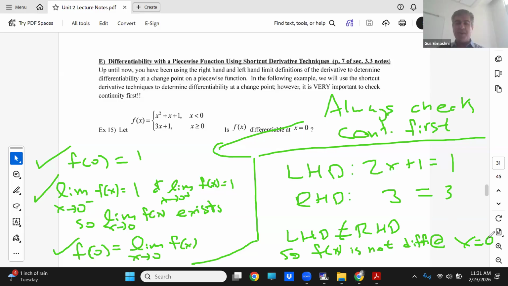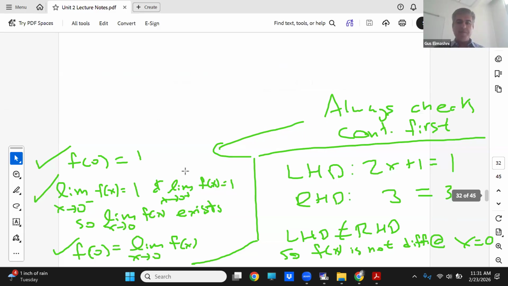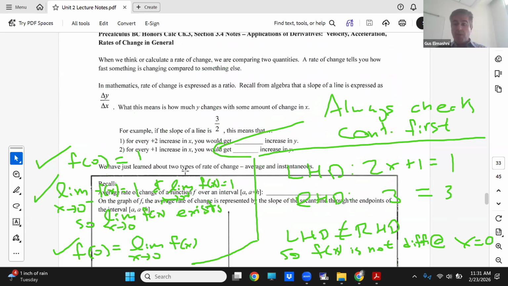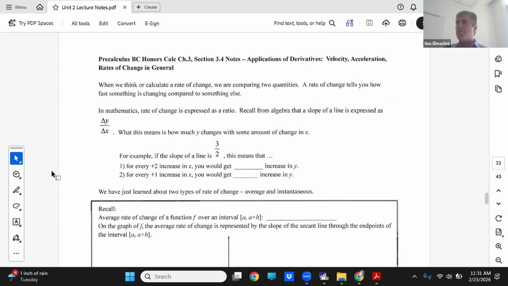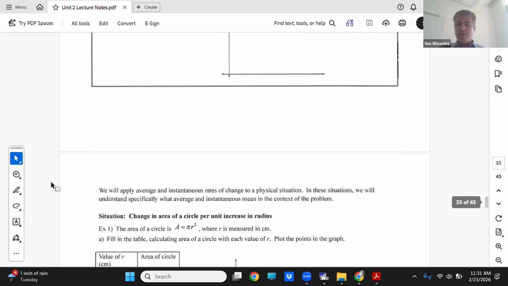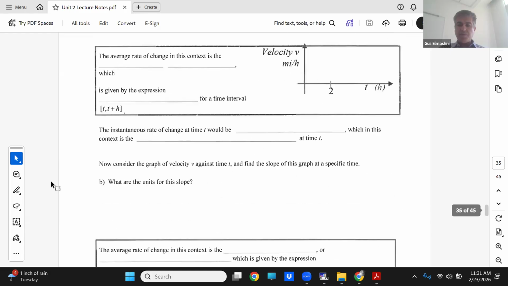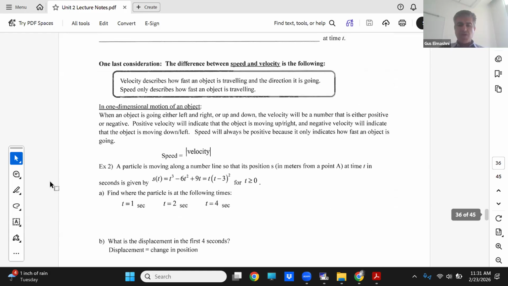Good? Yeah, all right. I think that completes that part of the notes. So my plan is to see how far we can get. So it's got plenty of time. I know I'm kind of doing a big dump here of information, but hopefully that was okay. It wasn't too bad. So now we're going to talk about application of derivatives. My plan is to get to the middle of this page here.